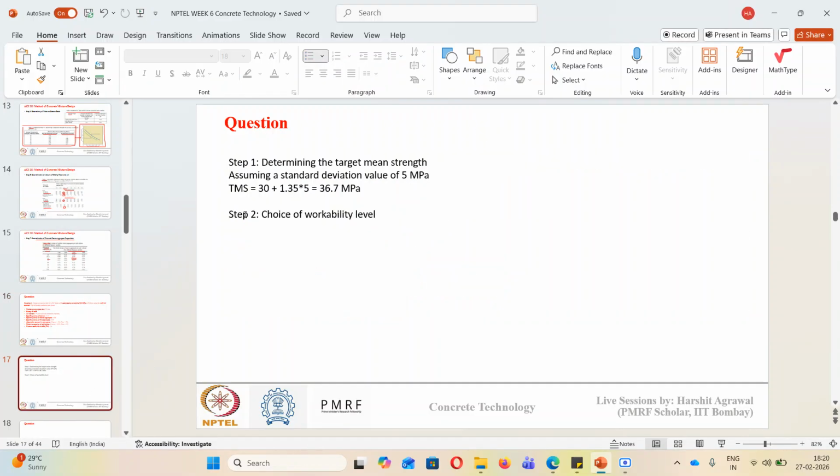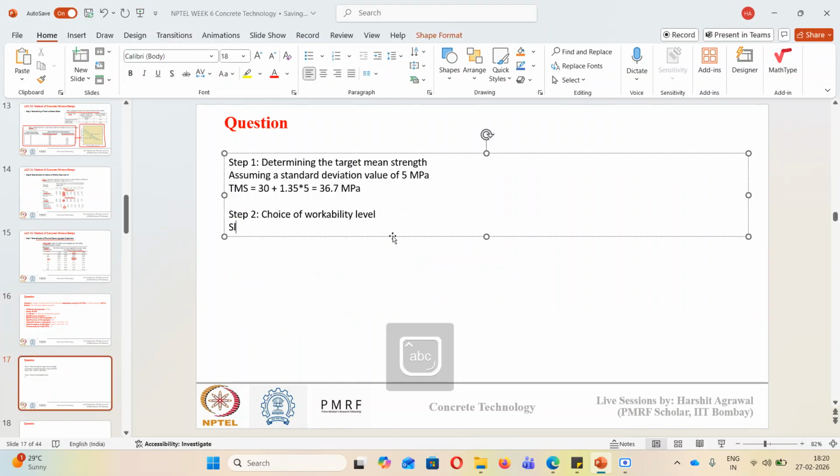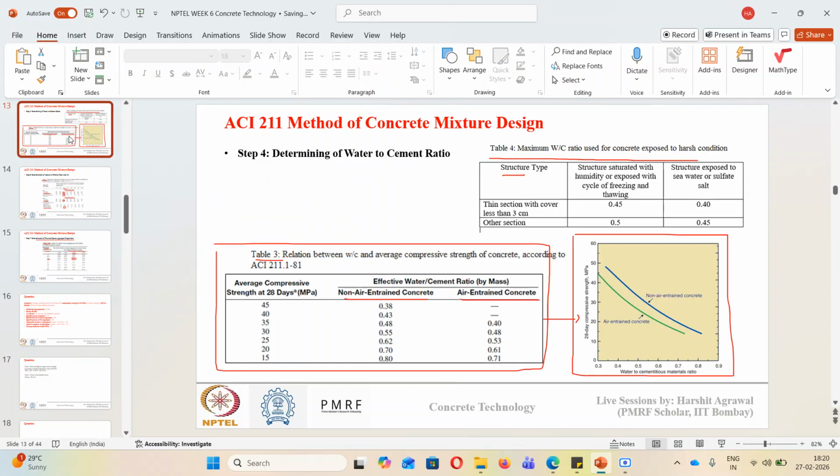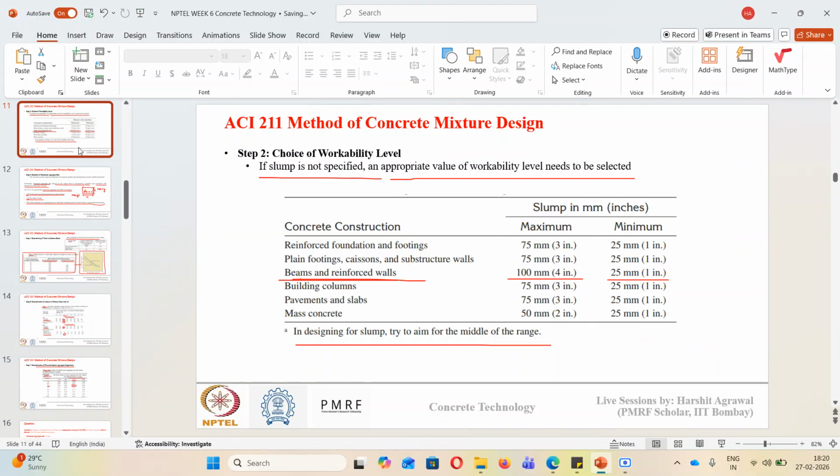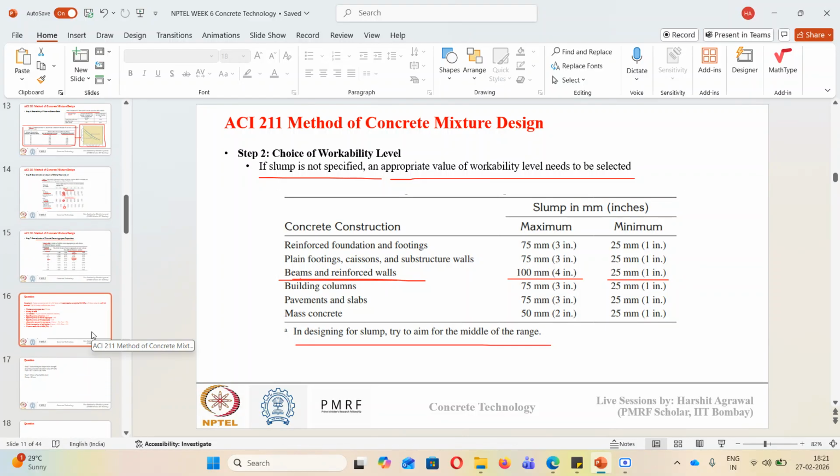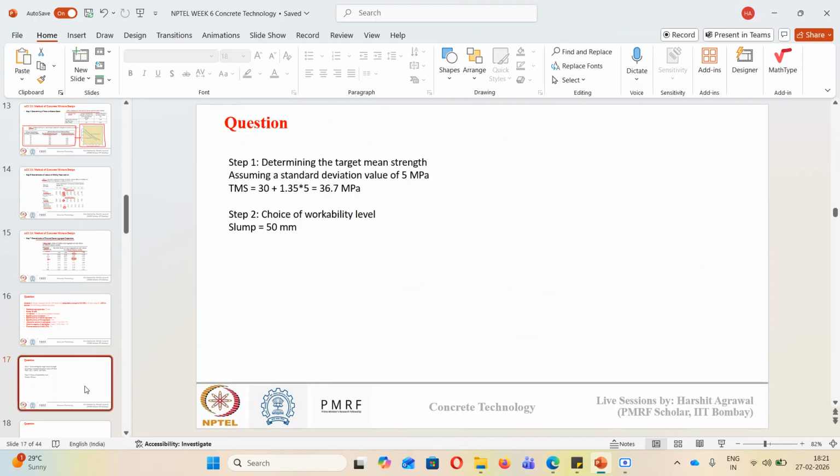However, if the slump is not given to us, then using this table 2, we can see that for a reinforced concrete beam, the target slump is 25 to 100 mm, and the middle range is 50 to 70 mm. But since the question says the slump requirement is 50 mm, we'll go with 50 mm.